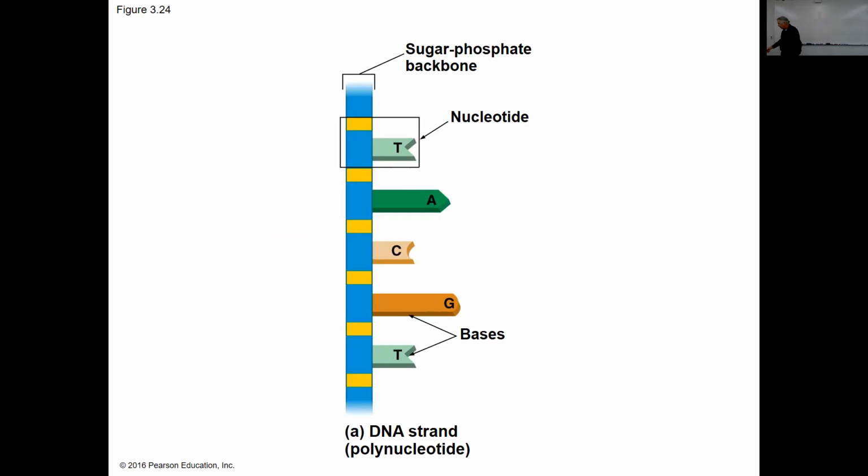And so usually if I would be drawing this, I would just draw a line for the sugar-phosphate backbone and draw the horizontals. And each one of those would be a nitrogenous base, like this.